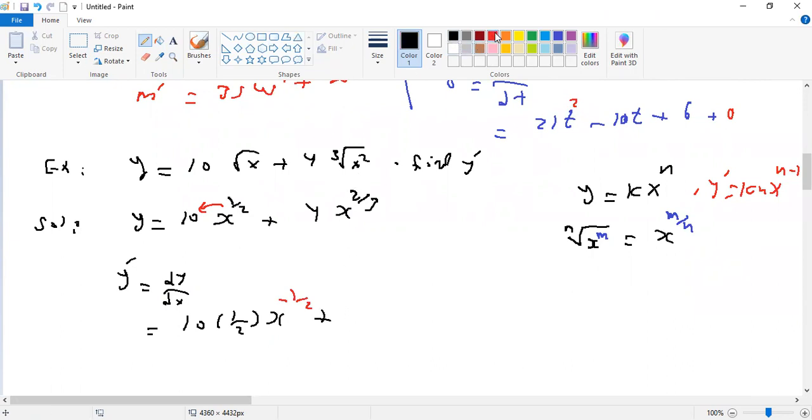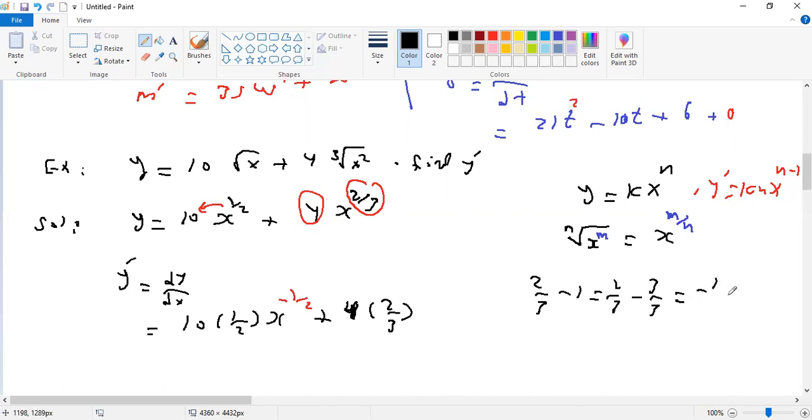Now the k is 4, and the n is 2 over 3, so we multiply n by k. We have 4 multiplied by 2 over 3, and x to the power 2 over 3 minus 1. 2 over 3 minus 1 means 3 over 3, the same denominator, so it is negative 1 over 3.